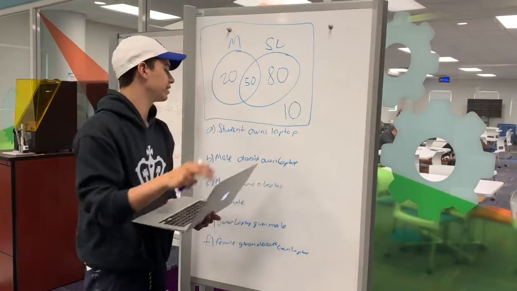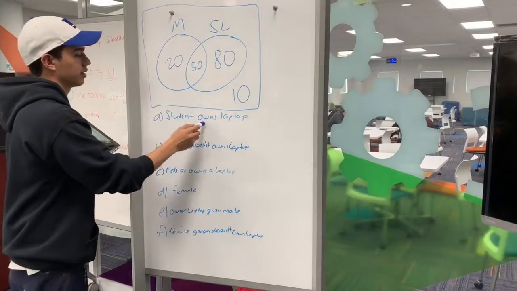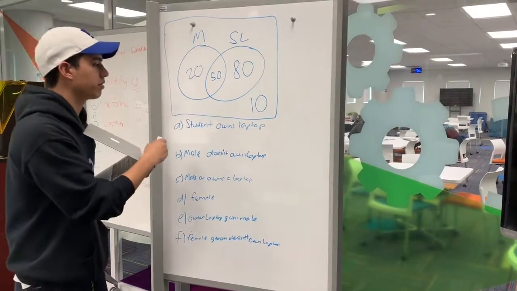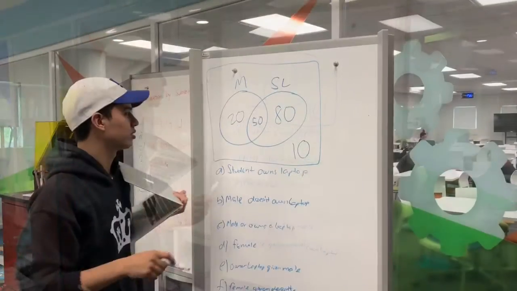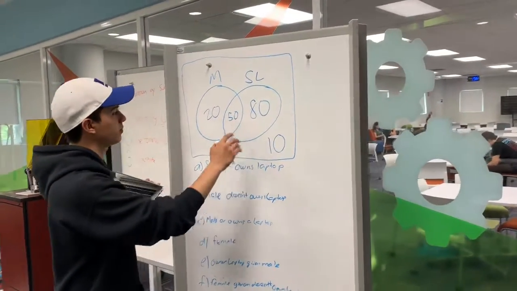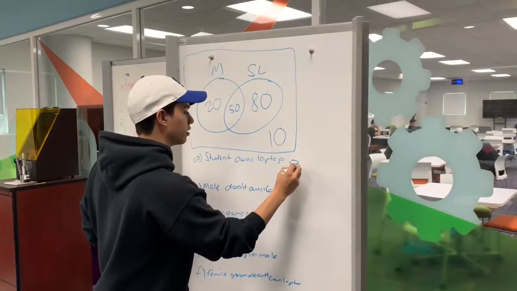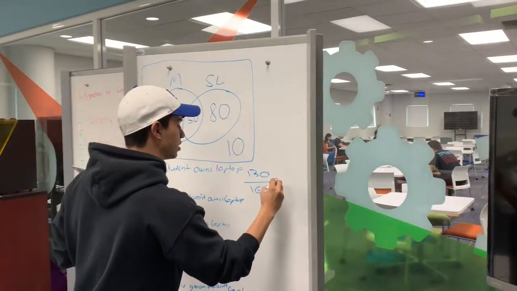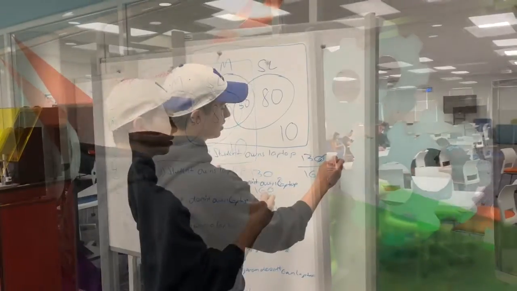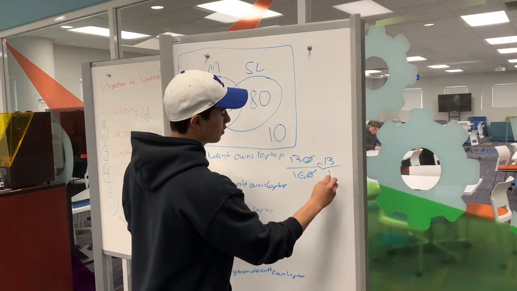So here A is the student that owns a laptop. What is the probability of picking one that has a laptop? So the probability would be these 2, which is 130 over 160, so we simplify, and it's 13 over 16.